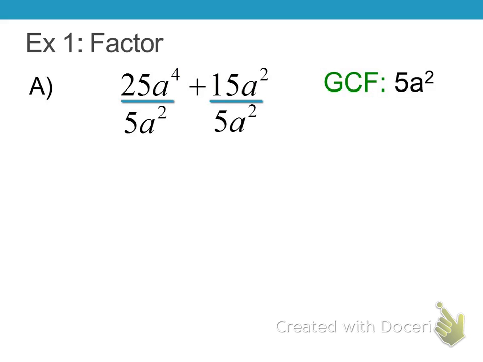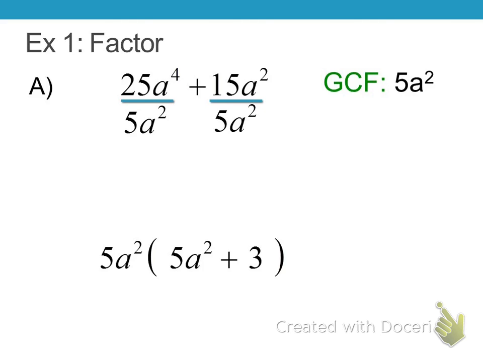Now, this is what we practiced yesterday. What is 25a to the 4th divided by 5a squared? 5a squared. And then in the back, 15a squared divided by 5a squared is 3.